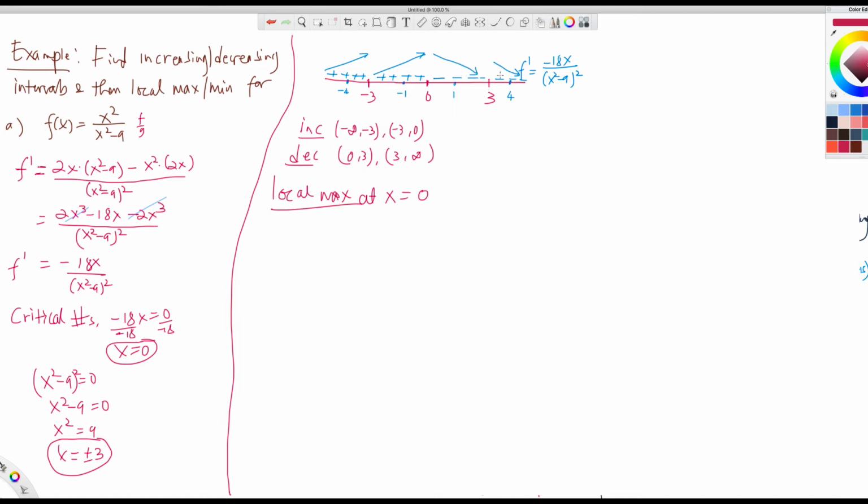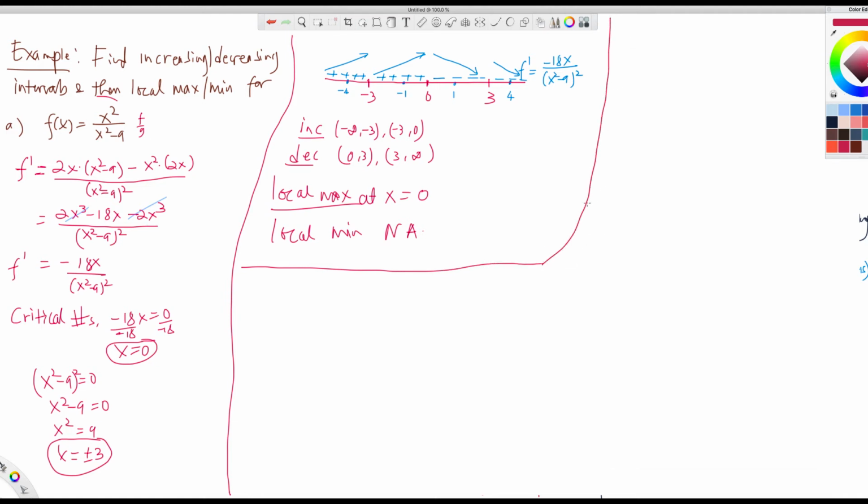There is no sign change from negative to positive. There is only a sign change from positive to negative. That's why a local min is not available. There is no local min there. You see that? So you can draw the graph of this given function x squared over x squared minus 9, and you will see that there is no local min.